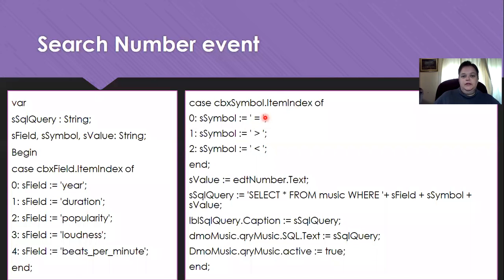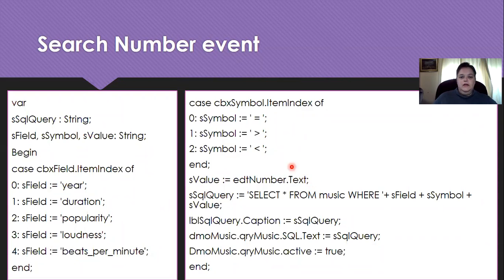So 0 will be equal to, 1 would be greater than, 2 will be smaller than. Again, look at the angles. So greater than will be to the left, smaller than is going to be to the right. So now you've defined your case statements, your two fields. So instead of using a combo box, they used a case statement there.